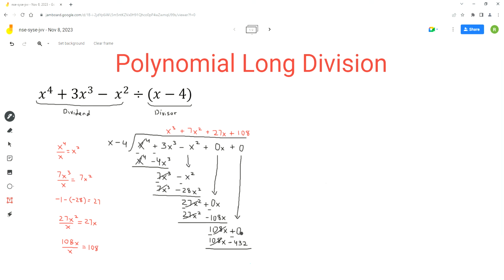And then we do 0 minus negative 432, which is equal to positive 432. So in this long division, this is our remainder. And this expression here at the top is our quotient.